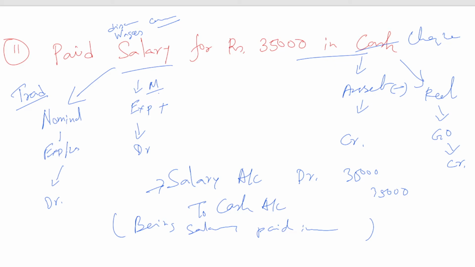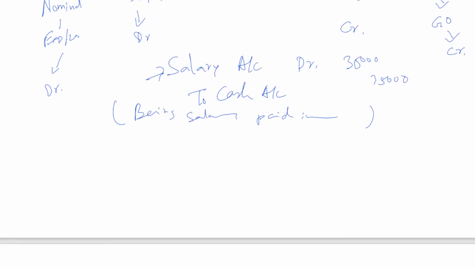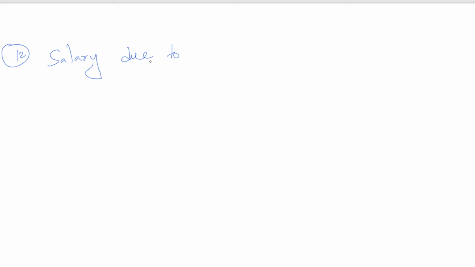Now, I'm just saying one journal entry: salary to Mr. Rahul rupees 50,000.